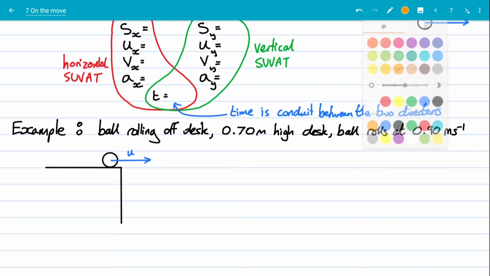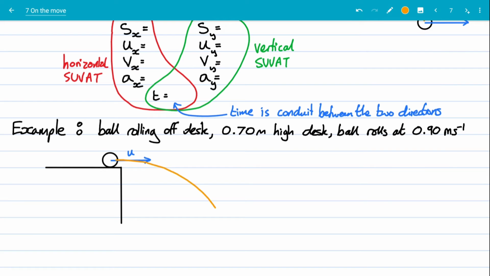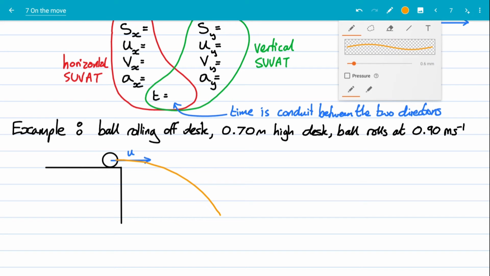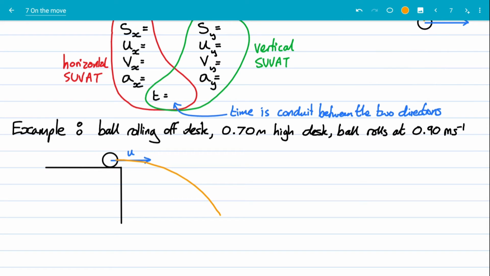And the ball is going to follow a curved path and is going to land some distance away, and we don't know where that is. That's what we're going to calculate. The ball's going to land somewhere like this.